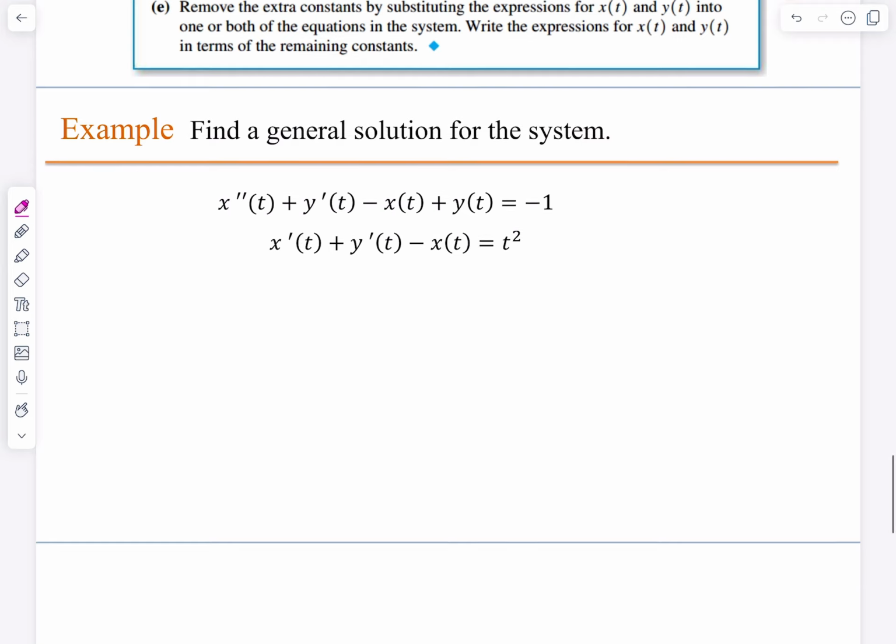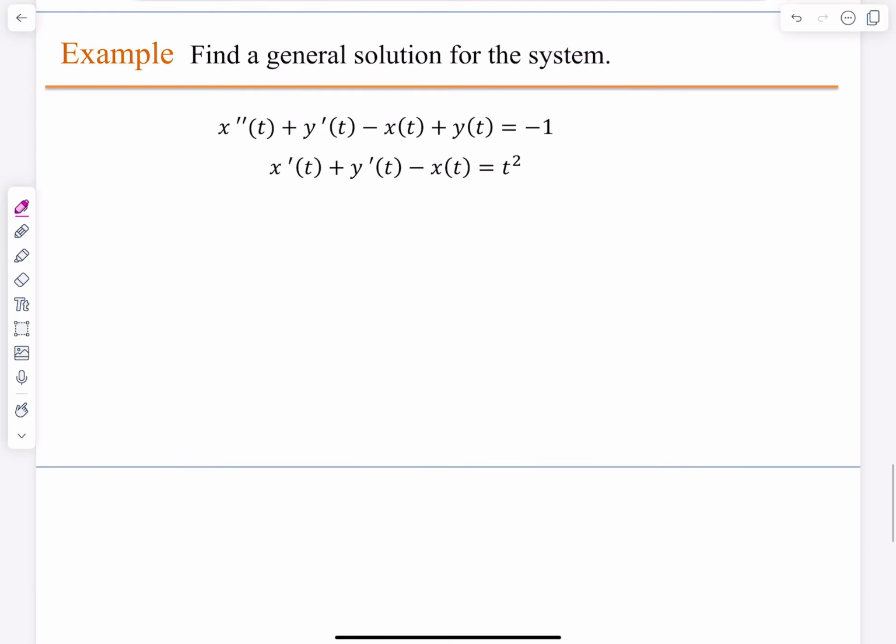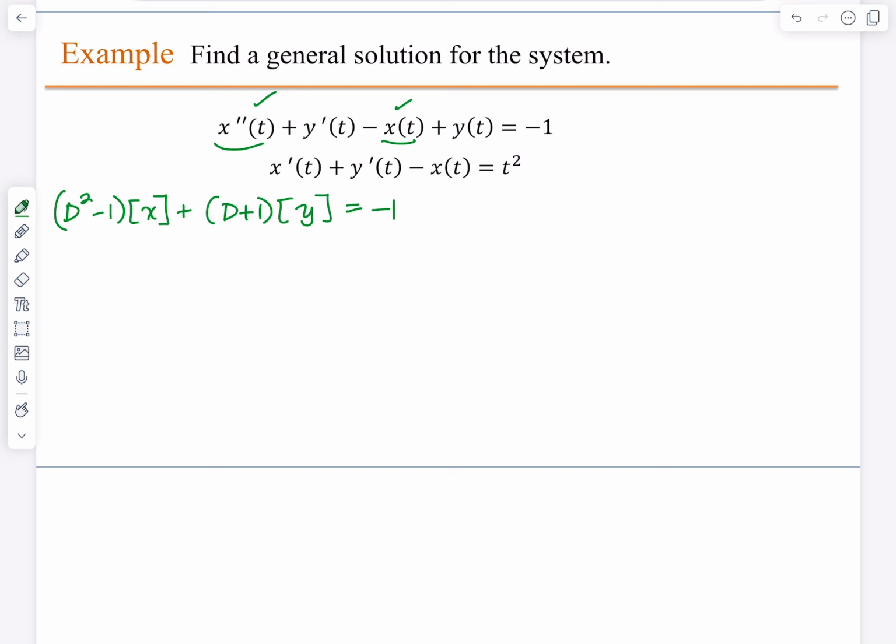So we'll go ahead and write it in operator notation. So we're going to have (d squared minus 1) of x plus (d plus 1) of y is equal to negative 1. You can see here the d squared minus 1 for the x functions and d plus 1 for our y functions.